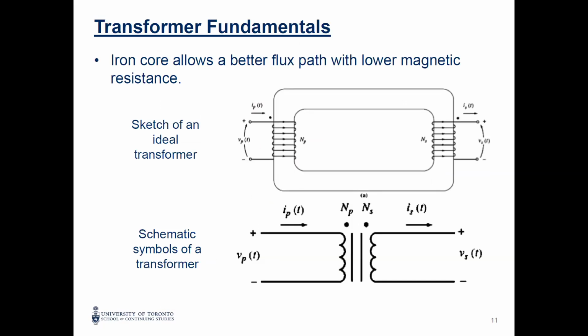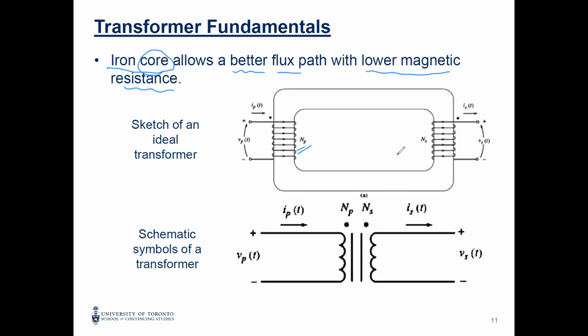Okay, for the fundamentals, I believe we discussed this point about the transformer and the main points here. For simplicity again, we are going to use the core form or core type. We have one iron core for the flux, better than the air, of course, with low magnetic resistance or reluctance, as we said in the magnetic circuit.